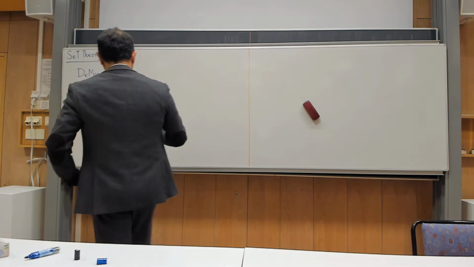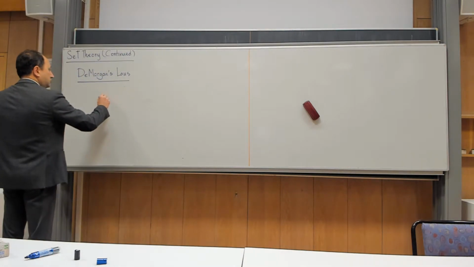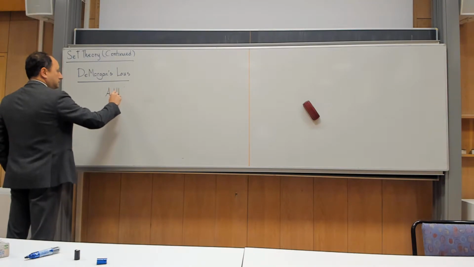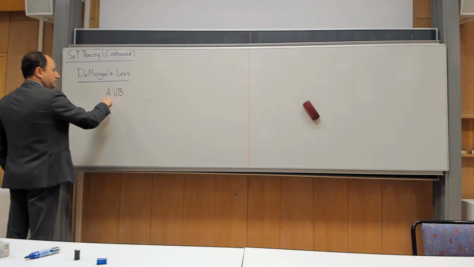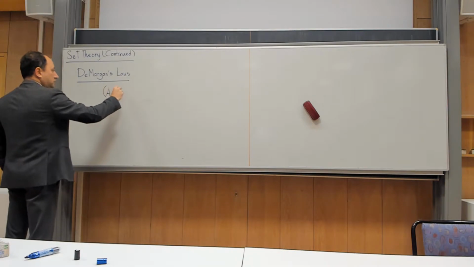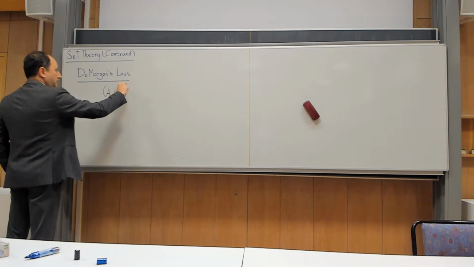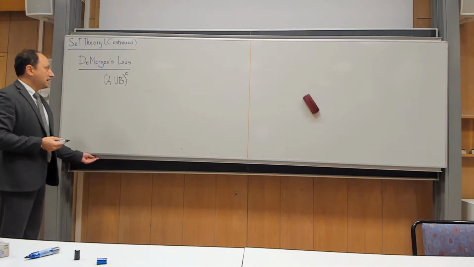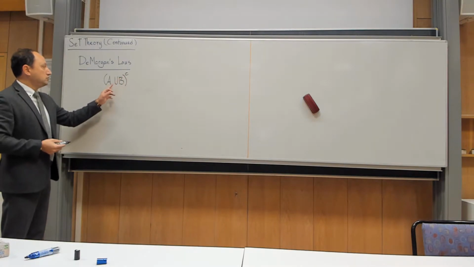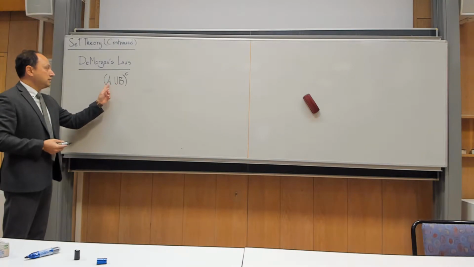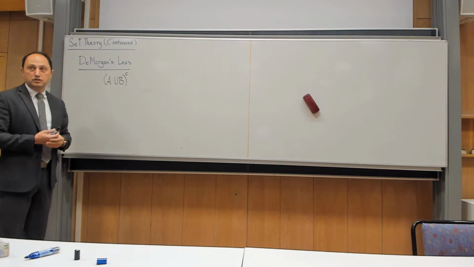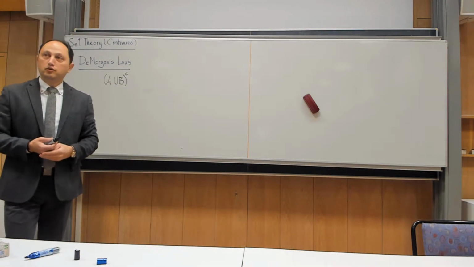If I give you two sets, A and B, and I union them, it becomes a new set. I can ask what happens if I take the complement of the result. How is the complement of the union of two sets related to the complements of each individual set participating in that union? And I want to ask the same question for intersection.